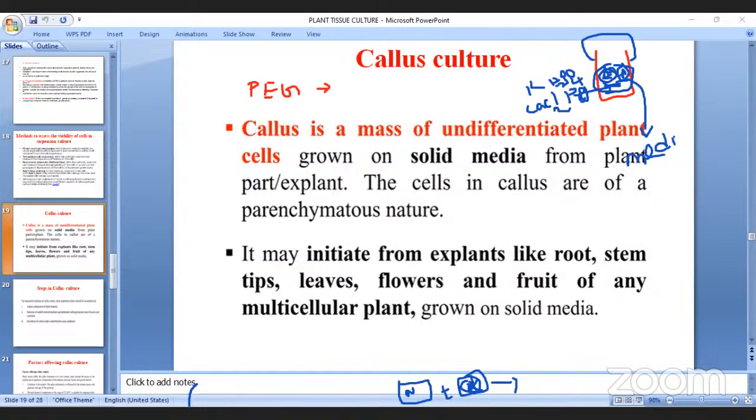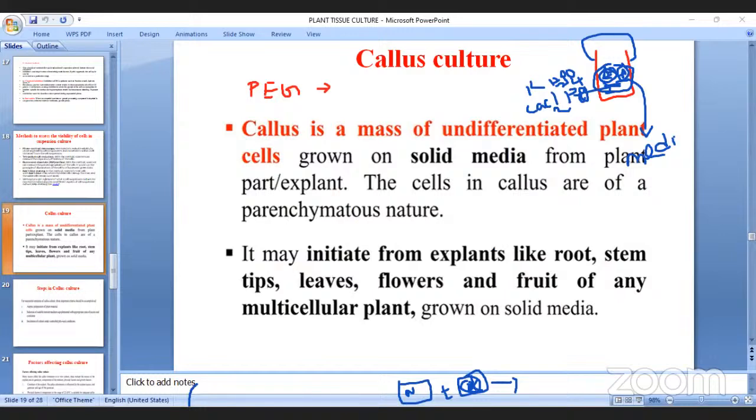And what is the importance of this protoplast culture? The main achievement is somatic hybridization. Sexual crosses in plant breeding programs often fail to produce hybrids due to incompatibility barriers.